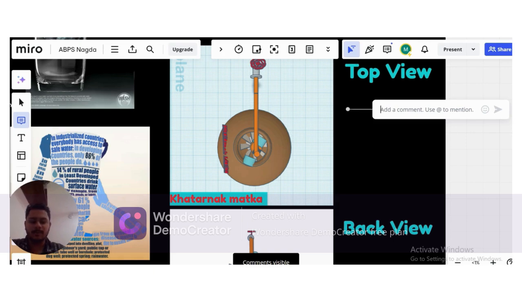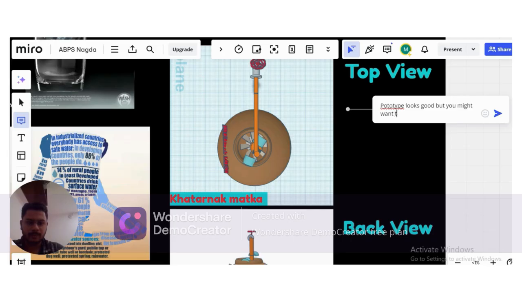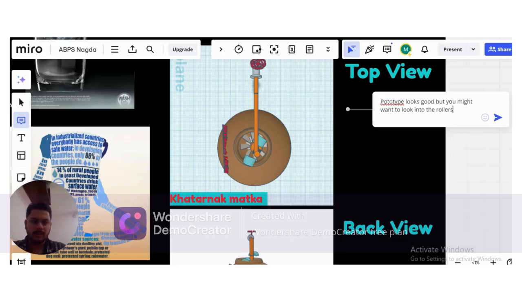I think this prototype looks good, but I will say to them that you might want to look into the ruler.